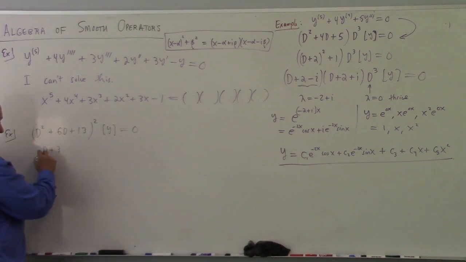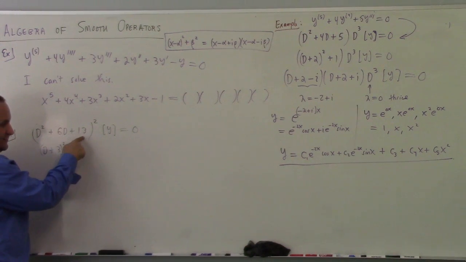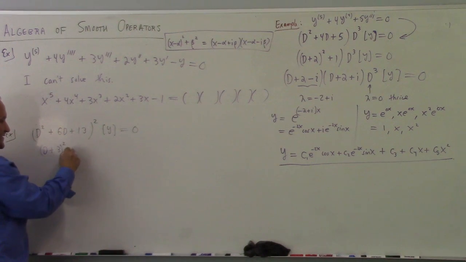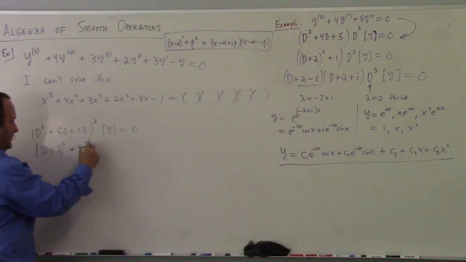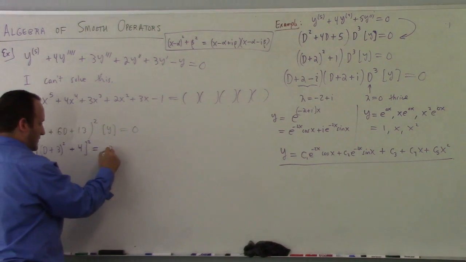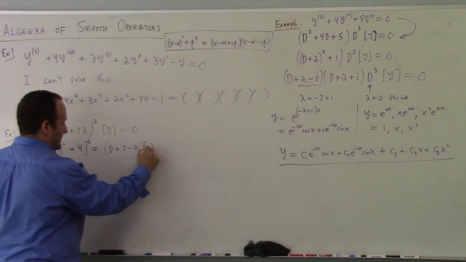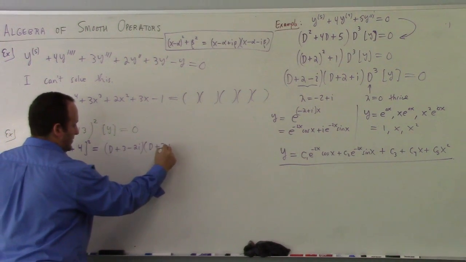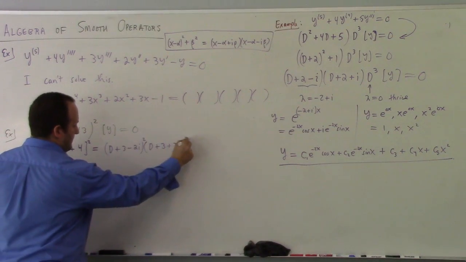So that's D plus 3 squared, so that adds 9. I got 13 here already, so that means I say plus 4. But that is equal to D plus 3 minus 2i times D plus 3 plus 2i, both of these squared.